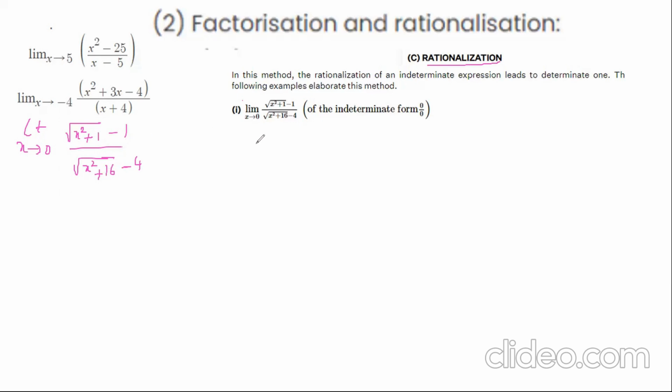Now we are going to observe, if you put 0 here, what happens? 0 plus 1, root 1, 1 minus 1 is 0, right? And then here 0, root 16 is 4, minus 4 is 0. So you are getting 0 by 0 form. So this cannot be done by means of direct substitution. So you have to rationalize it.